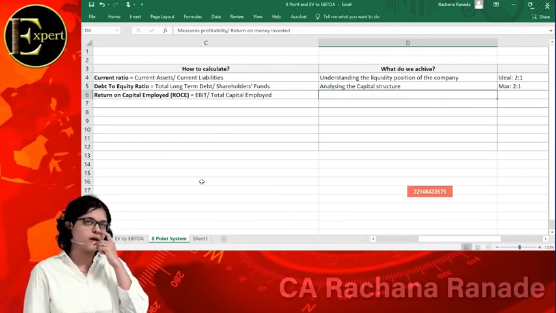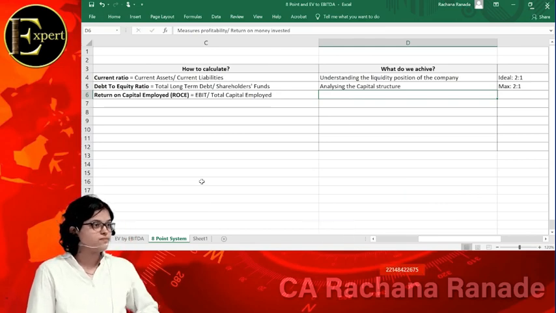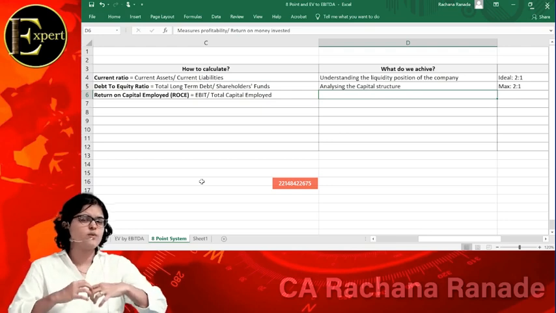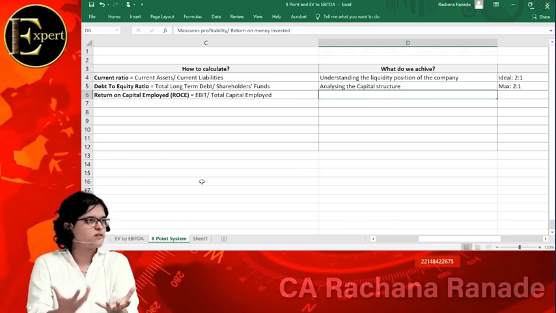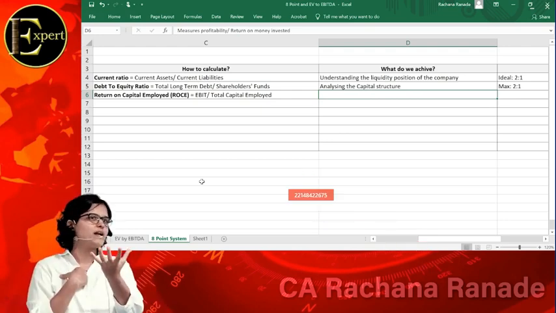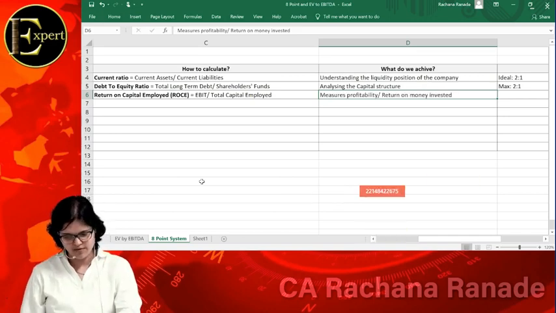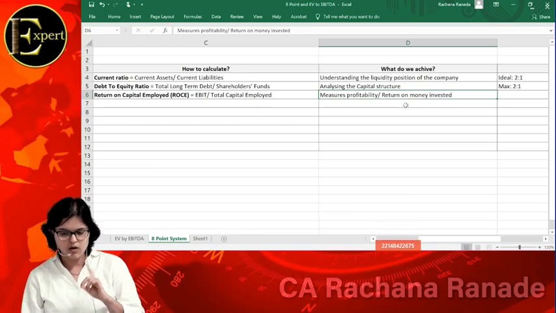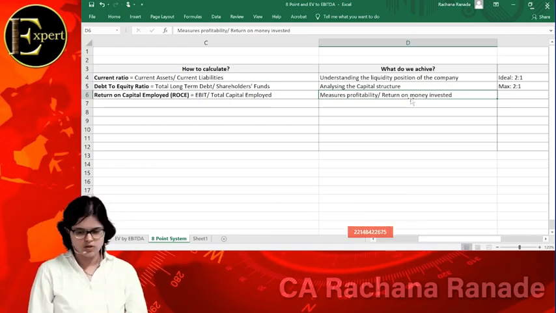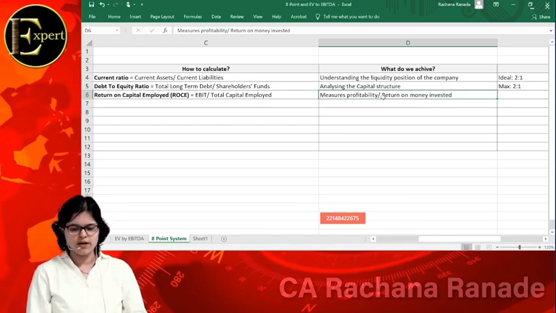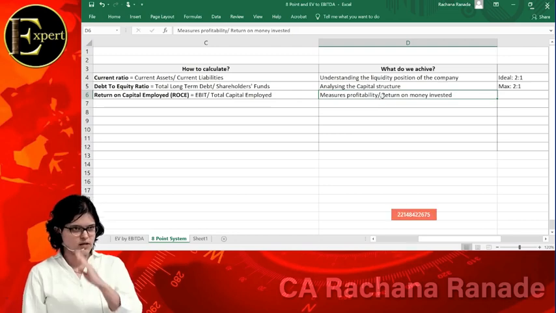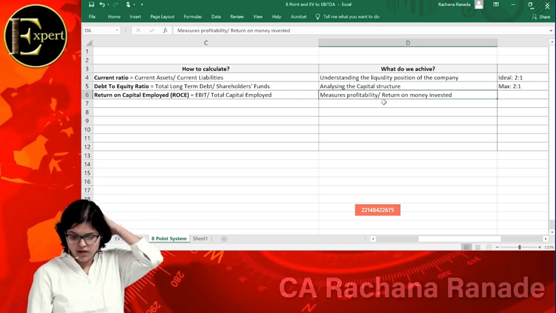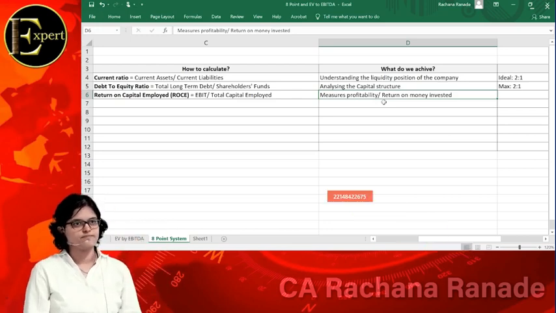If I say return on capital employed is 12%. How much money is invested, that is, put in the business to run the business, versus how much we have obtained as a return. How much money we have generated. It measures profitability or return on money invested. So you write down: measures profitability or return on money invested.